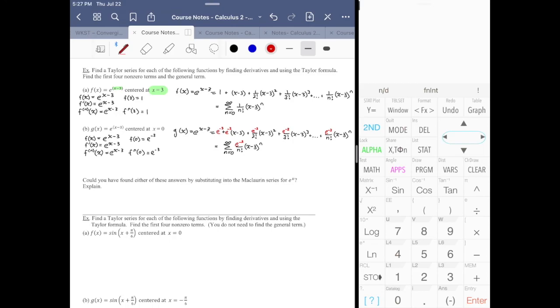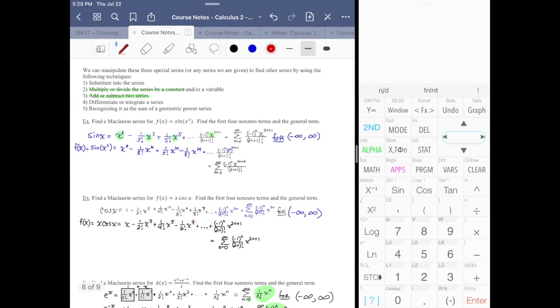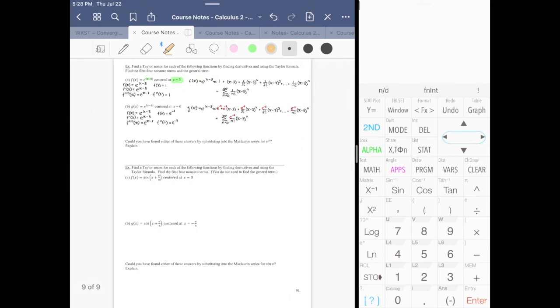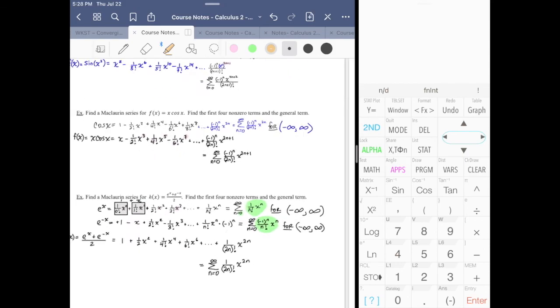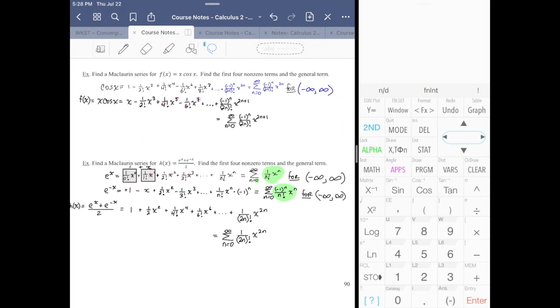And so the follow-up question is something I've already addressed. We could have used the Maclaurin series here, because one of our properties tells us that we can substitute into the series. So what are you substituting into the series? Let me grab my Maclaurin. I'm substituting in x minus 3.